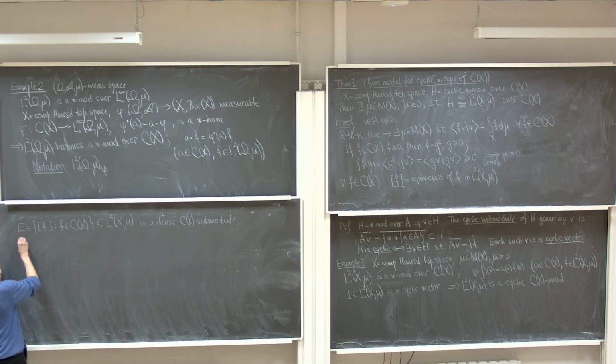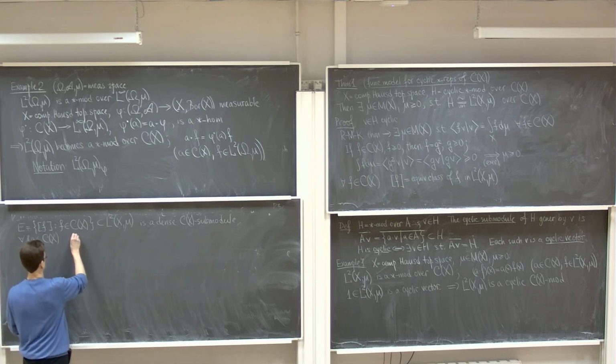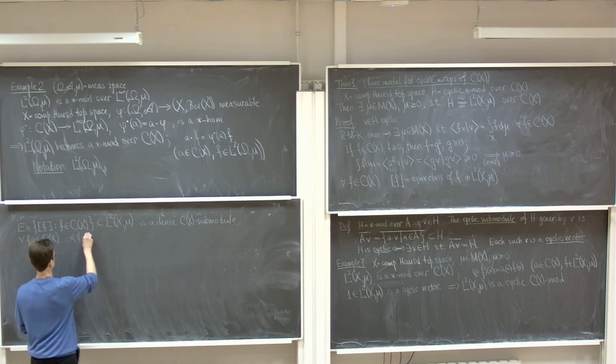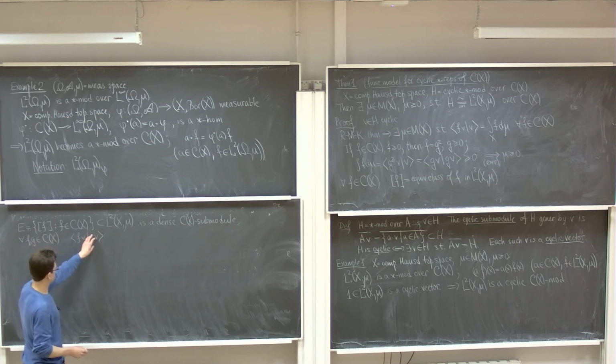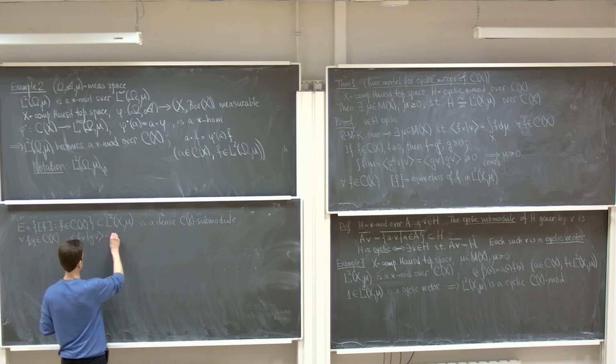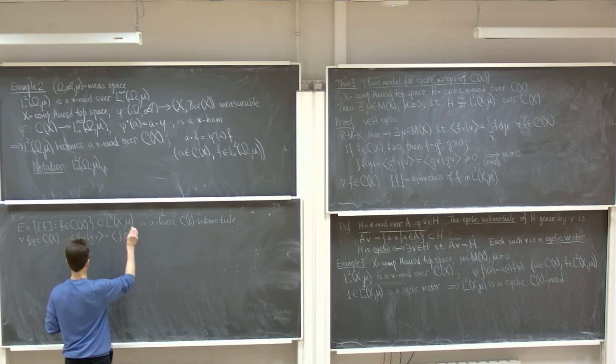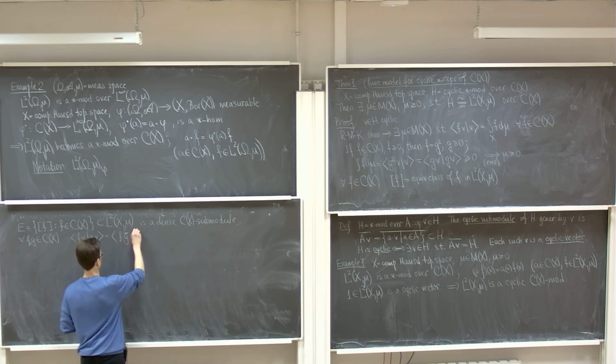So we take two continuous functions, f and g, and let's look at the following inner product, fv and gv. We move g from here to here by using one of the axioms of a star module. Now g becomes g bar, because the involution in C(X) is complex conjugation.